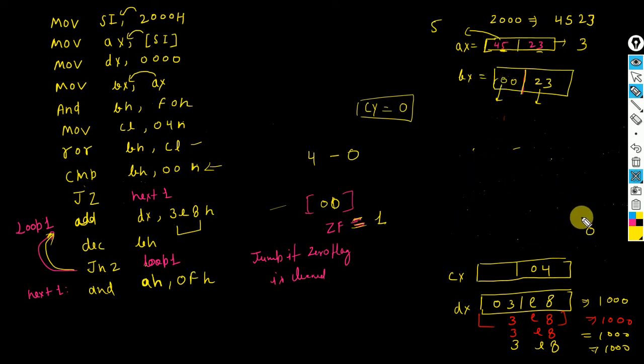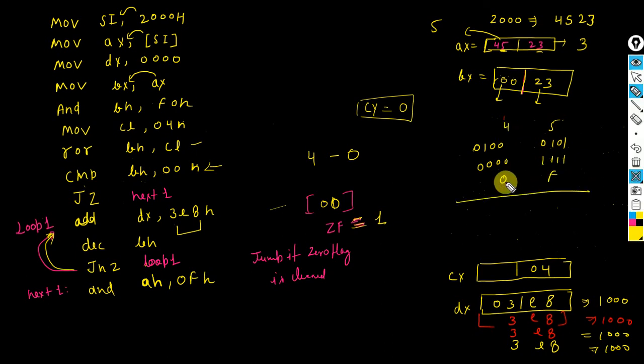Here we mask the MSB, so we take an AND operation. This is your 4 and 5. 4 written in binary is 0100, 5 written is 0101. We mask the MSB, writing 0000, and this is 1111.